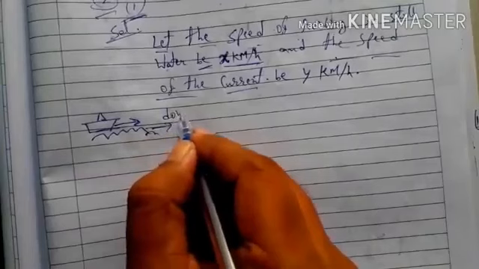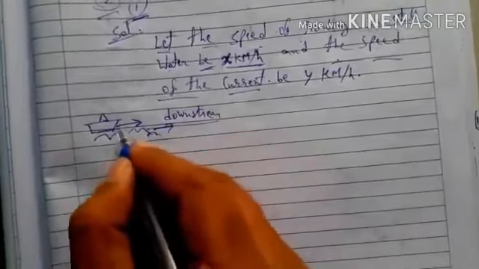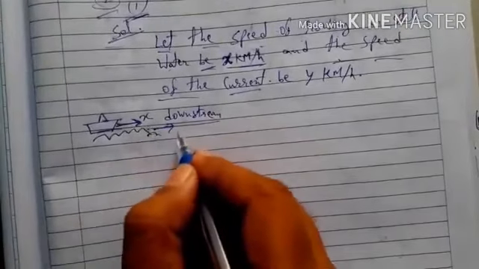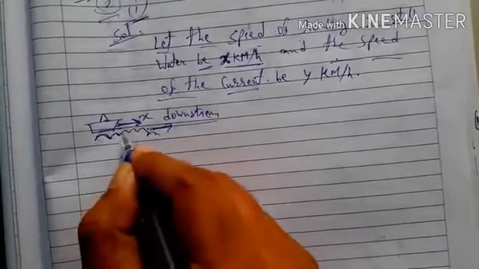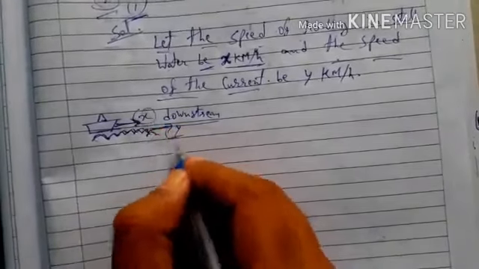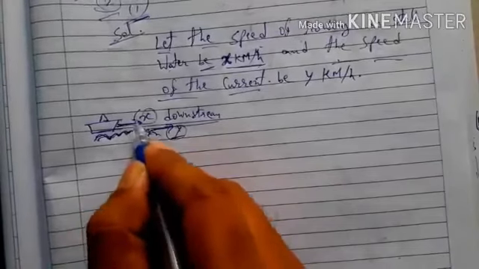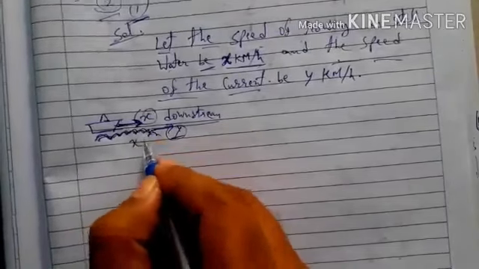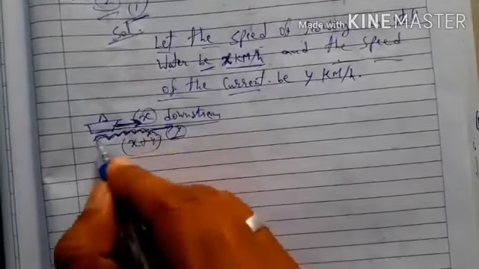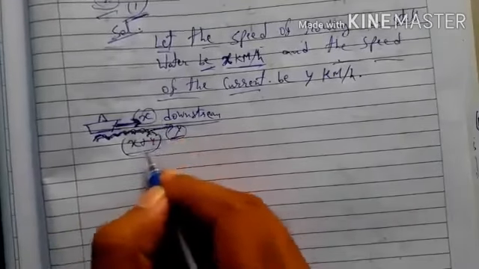Here the rowing speed is x and the current speed, meaning water flow speed, is y. So the average speed downstream is x plus y, because the water flow supports the boat.